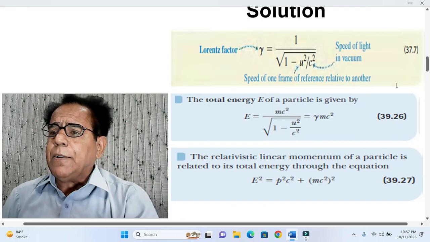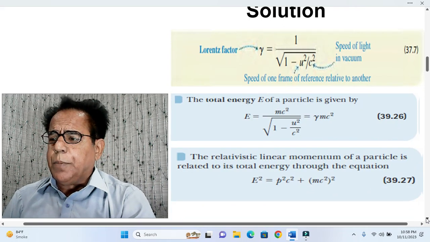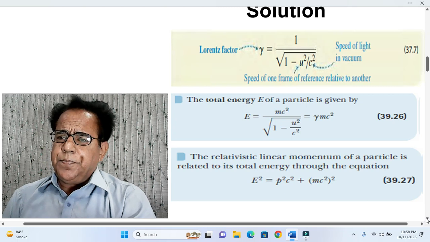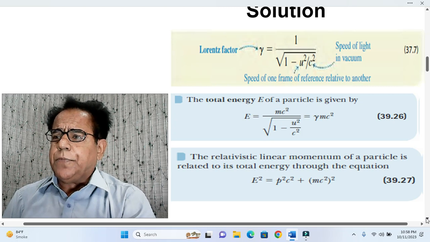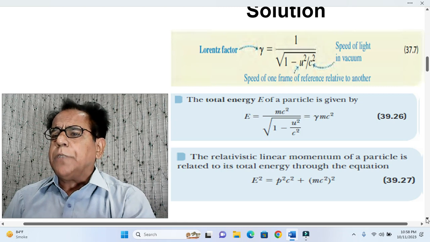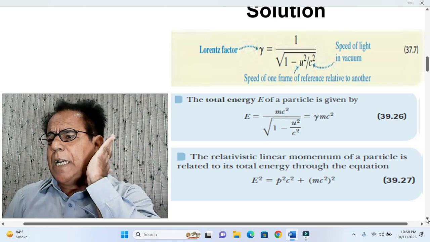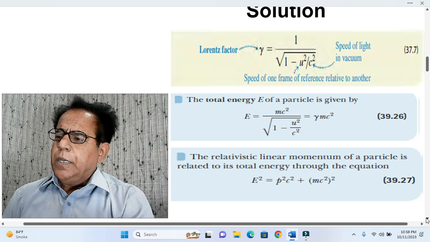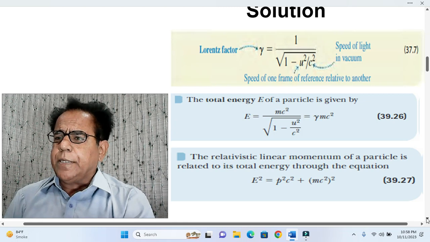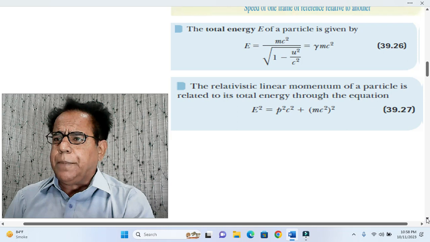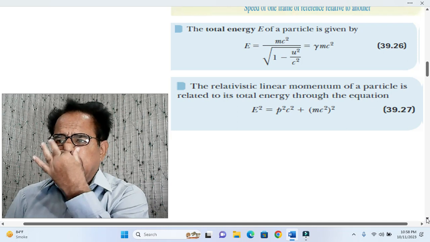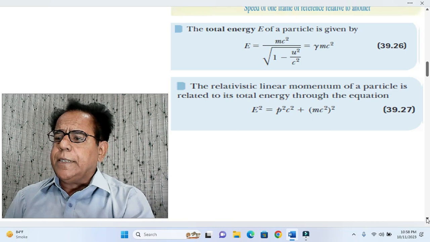Before starting our solution in a formal manner, we first discuss some snapshots chosen from various books. The first snapshot is from University Physics by Young and Friedman, about the Lorentz factor. We have discussed it several times in our previous video, so I am going to skip the detail. The next snapshot is about the total energy of a particle, also used in previous videos, so I skip it. The third snapshot is about the relation between momentum and total energy.